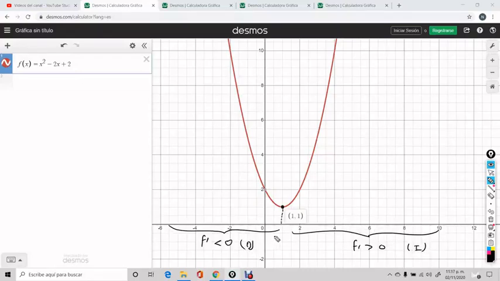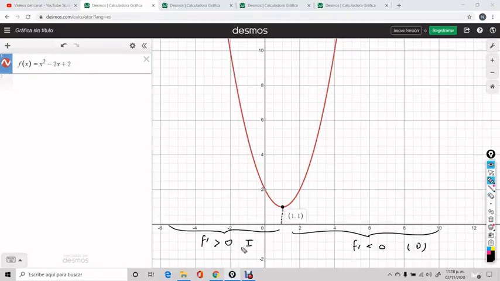And the other way around, if we would have gotten this instead, then that would have meant that over this region from minus infinity to 1, the function would have been increasing, and in this zone it would have been decreasing.